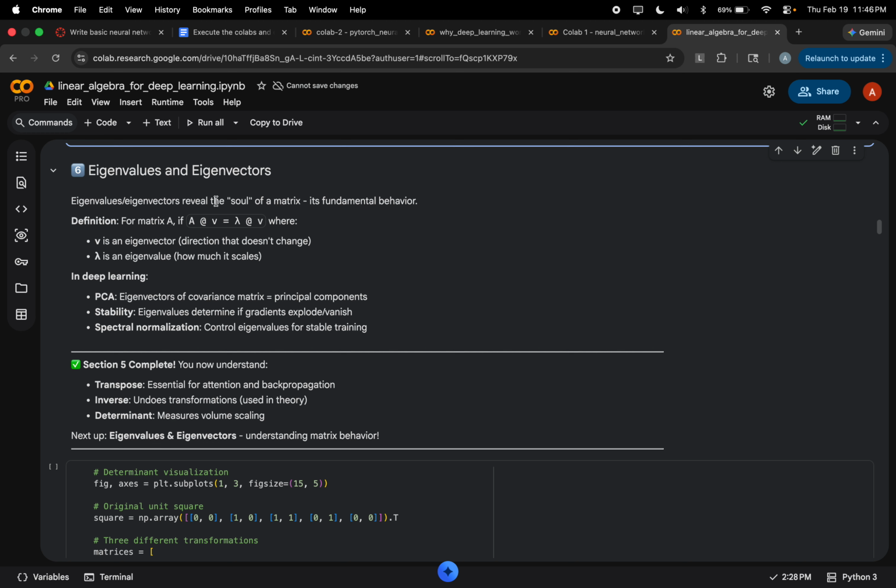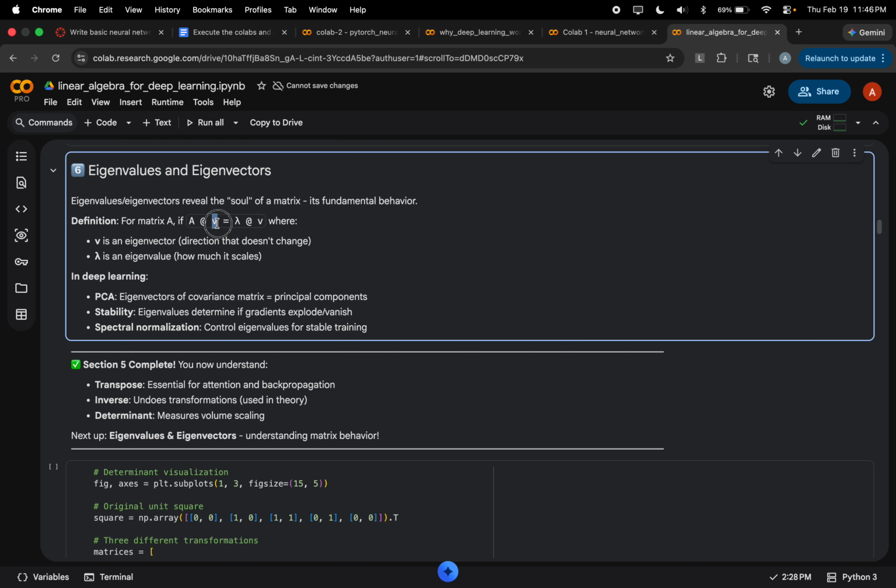Eigenvalues and eigenvectors reveal the soul of a matrix. For a matrix A, A multiplied by V equals lambda multiplied by V. Here V is the eigenvector, basically the direction that doesn't change, and lambda is the eigenvalue, which means how much it scales.